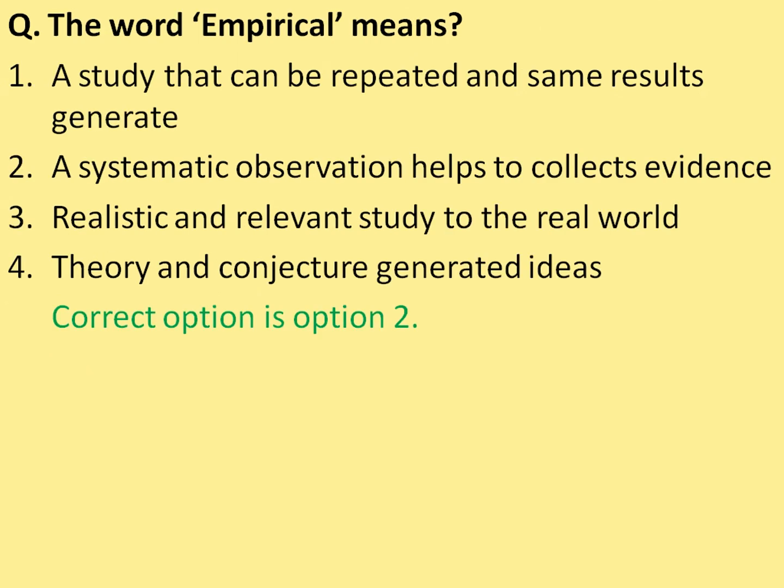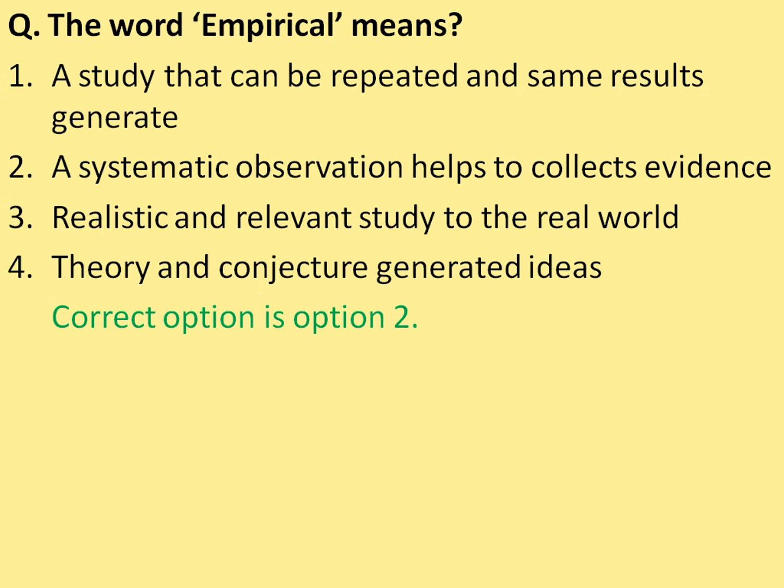The next question is, the word empirical means: option 1, a study that can be repeated and same results generated; option 2, a systematic observation helps to collect evidence; option 3, realistic and relevant study to the real world; and option 4, theory and conjecture generated ideas.